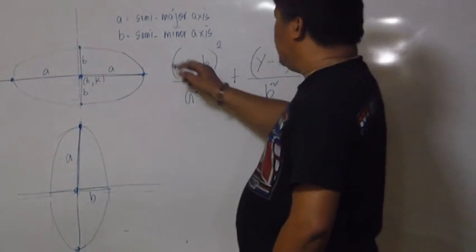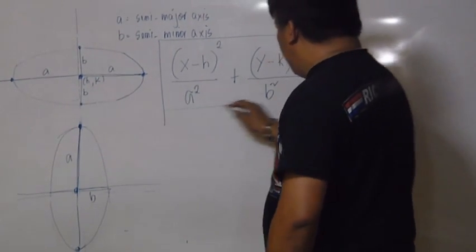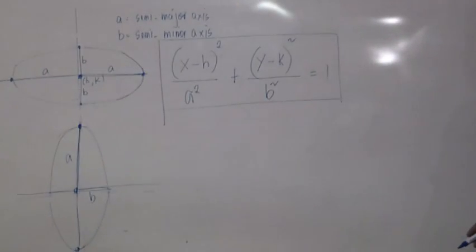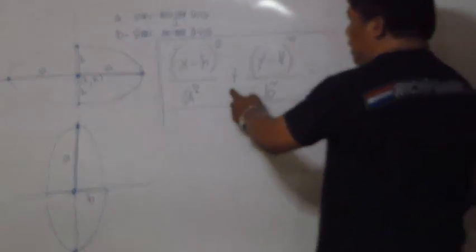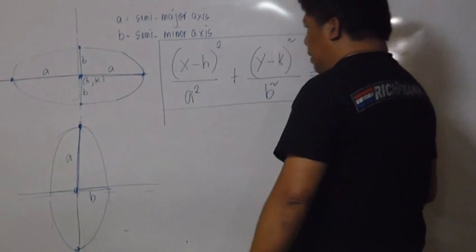This is the standard form of an ellipse. That is an ellipse wherein the major axis is along the x-axis.